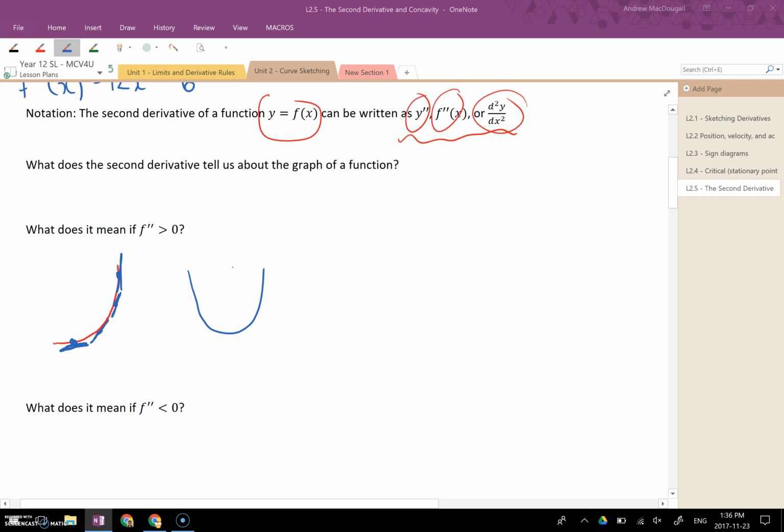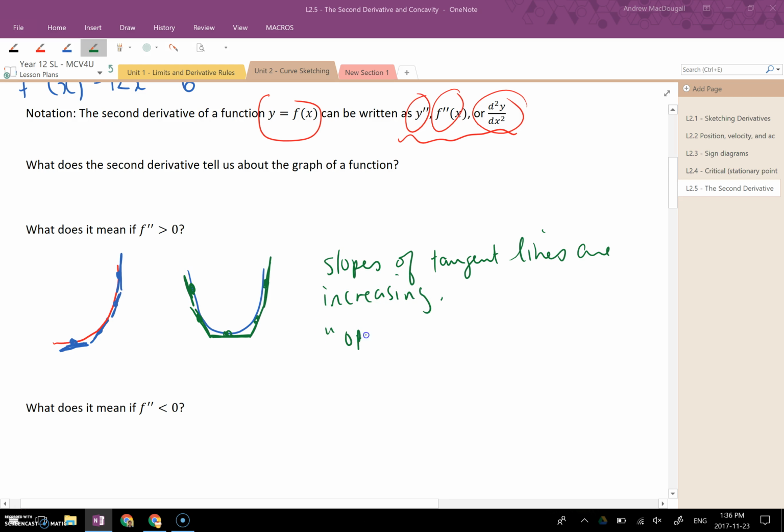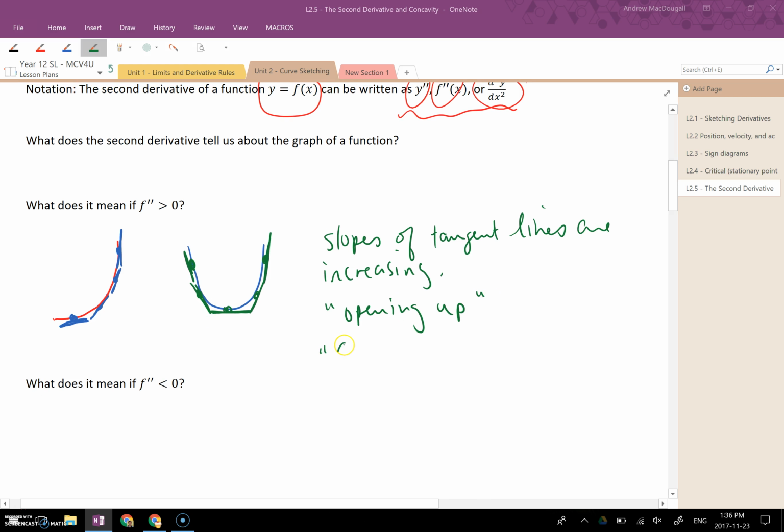Maybe they even start off with negative slopes, increase towards zero slope, and then go into positive territory. So those are the possibilities, and what we call this, if f double prime is greater than 0, the slopes of tangent lines are increasing, like I said, and we refer to this as opening up, or we can also say concave up.